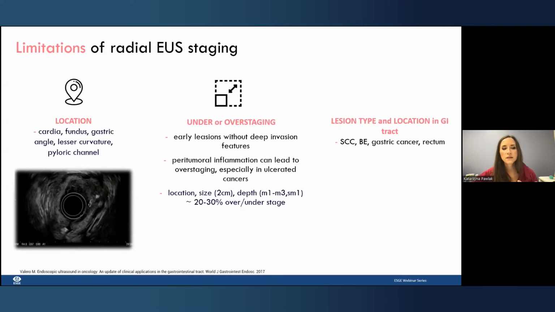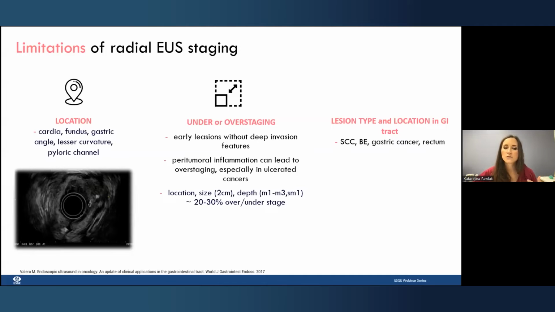And finally, on the limitations of radial EUS staging, it's important to emphasize that radial EUS assessment for staging is not so obvious sometimes, especially in particular locations like the cardia, fundus, and gastric angle. The lesser curvature also might be difficult, and the pyloric channel, because this may cause under or over staging, which is extremely important for the patient.